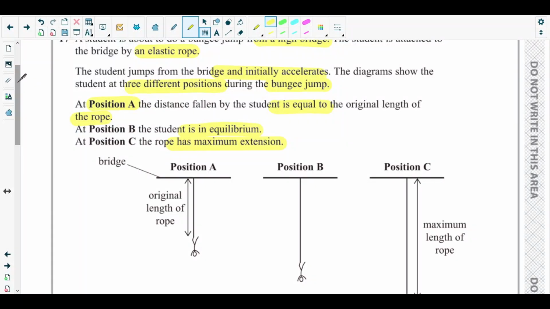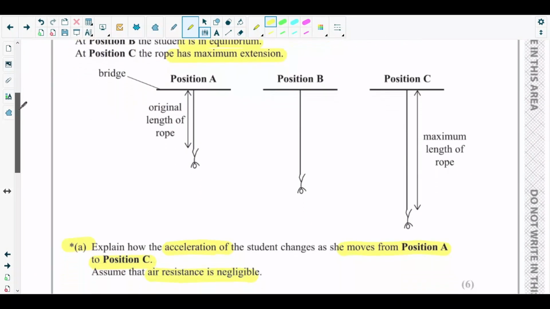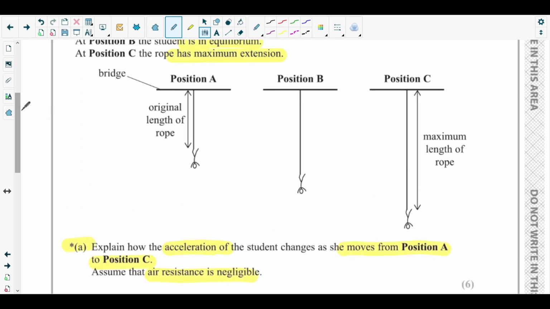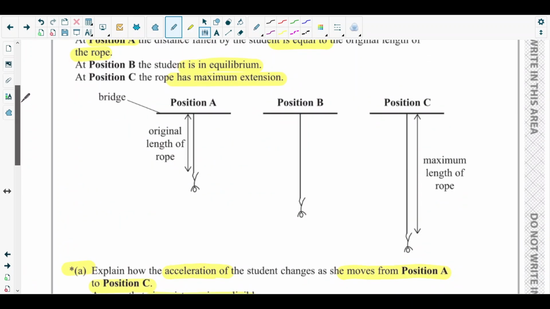So the question is asking to explain how the acceleration changes as the student passes from position A to position C, right? To explain the acceleration, we have to consider the force, because acceleration is dependent on the force. At first, consider position A. In position A, how is the acceleration?